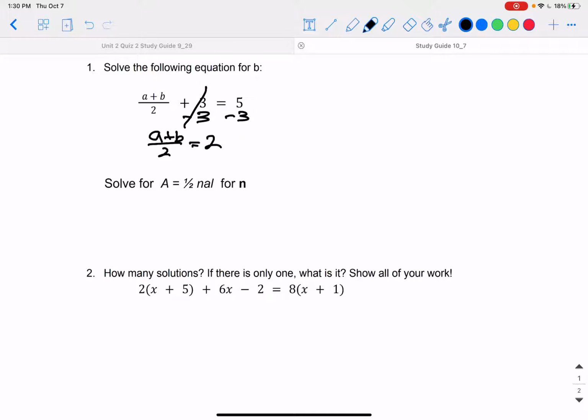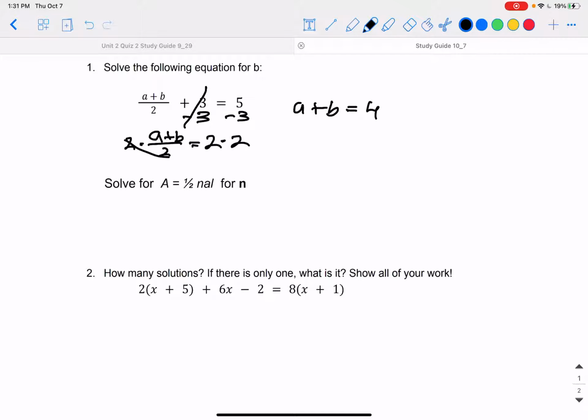And then I'm working to get b by itself. So first I need to get a plus b by itself. So I'm going to multiply both sides by 2. These cancel, and I have a plus b equals 4.